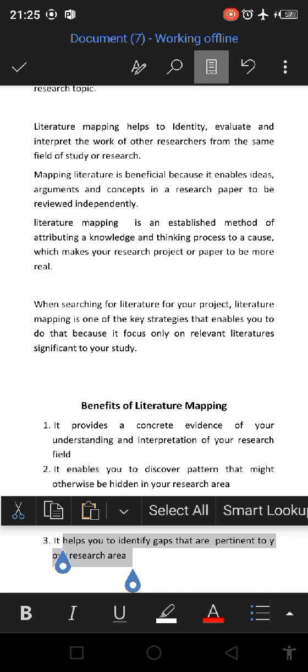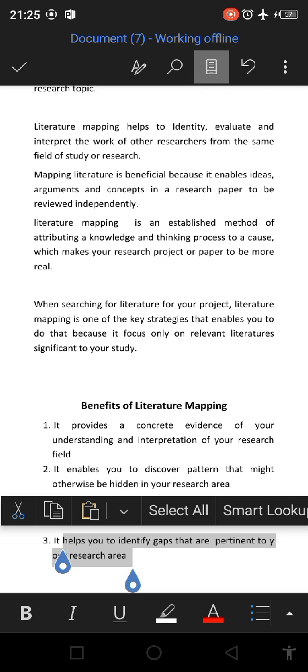That is your own particular contribution to what people have already done in your area before. I hope you understand what I'm trying to say. Okay, so literature mapping enables you to identify gaps that are pertinent to your research area.